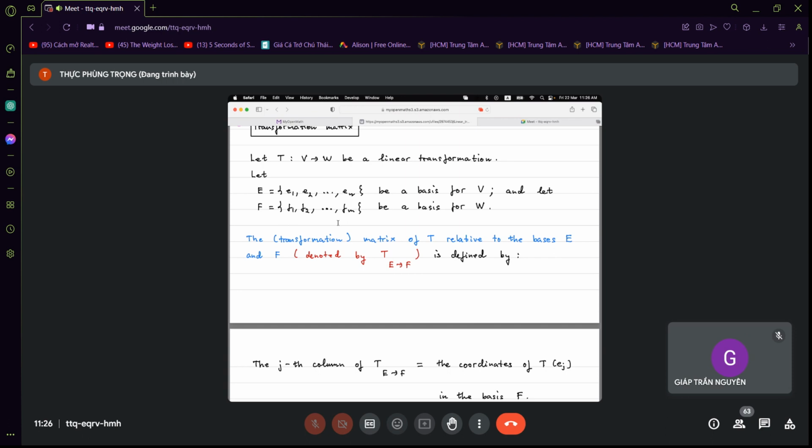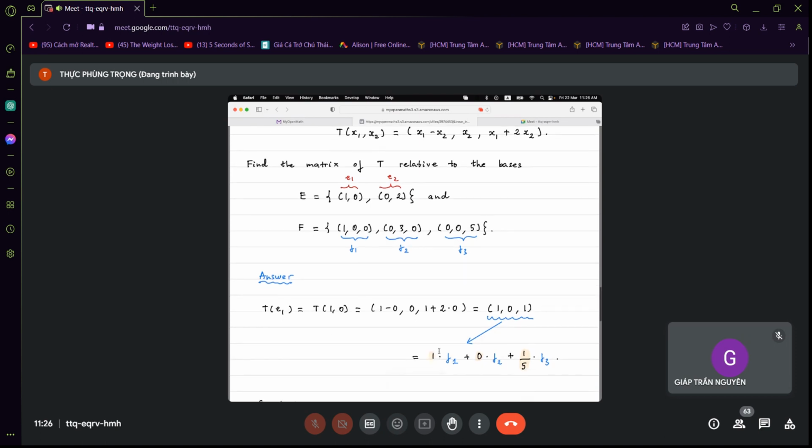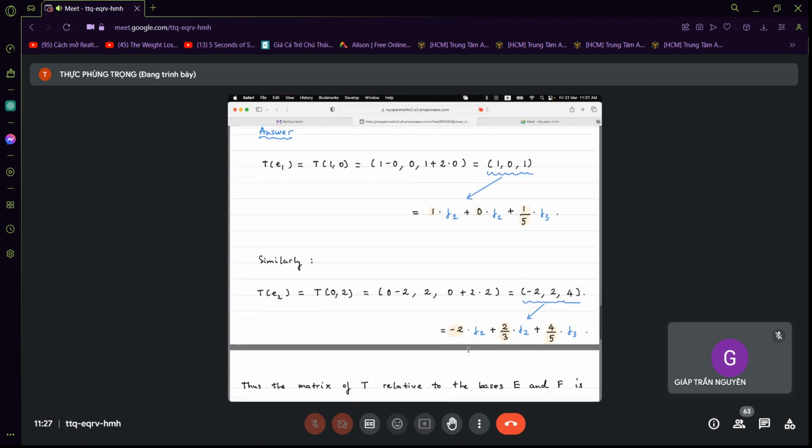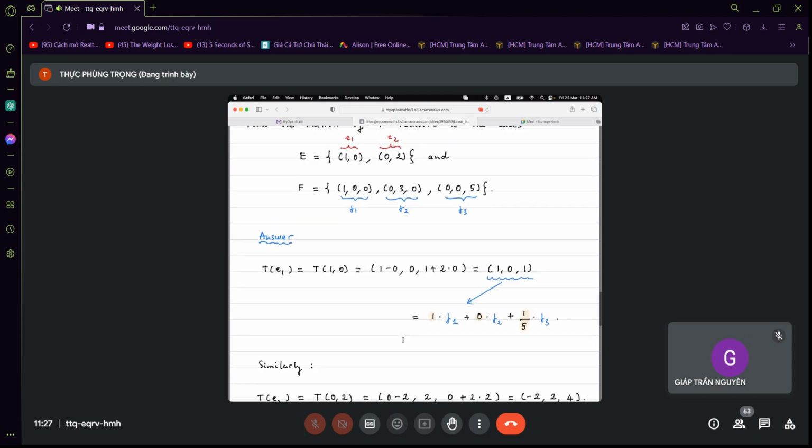You put that into the first column. You can see one example right here. You evaluate T of E1 using the formula you have for T, and you get this vector. Then you find the coordinates of T of E1 in the basis F. You get the coordinates 1, 0, 1 over 5, and you put these into the first column. You do the same thing for E2.